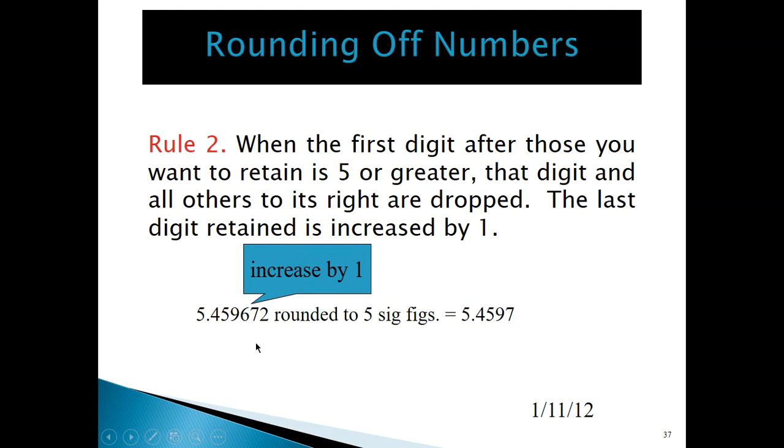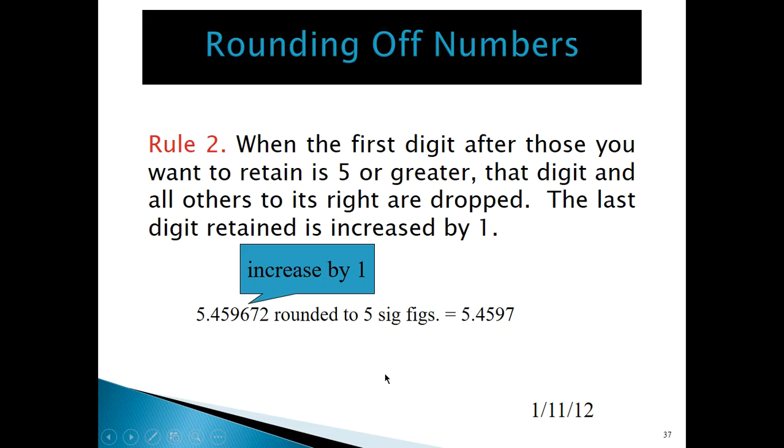So if you drop the 7, which is obviously 5 or greater, that means that we drop the 7 and the 2, and the 6 here is increased by 1, and we end up with this answer, which is 5.4597. All right, so those are the rules for rounding off.